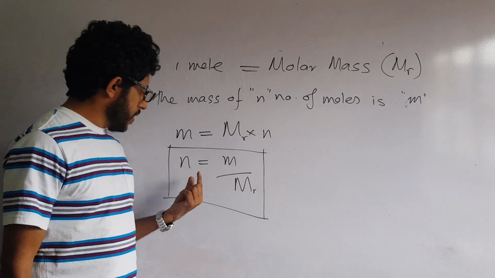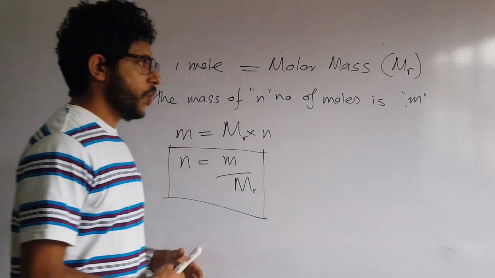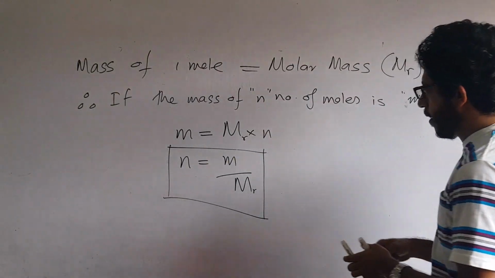Once we derive this, n equals simple m over capital M, we can derive the second formula.